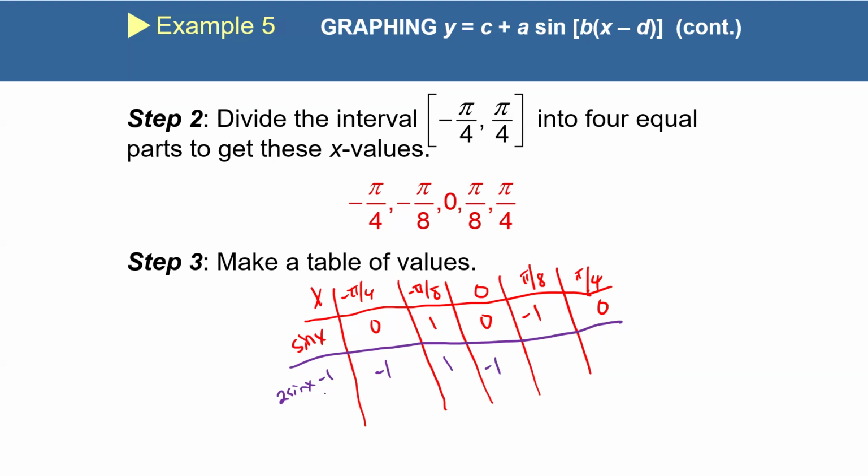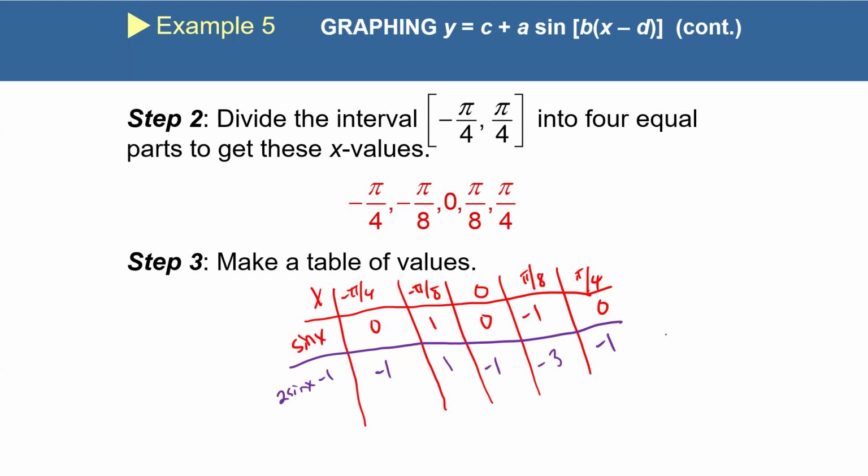Sorry, 2 times -1 is -2. -2 minus 1 is -3. And then 0 is also going to be -1. So these are your points now.